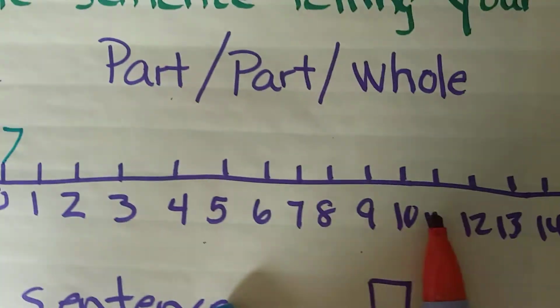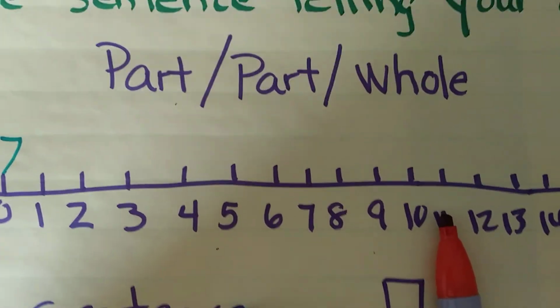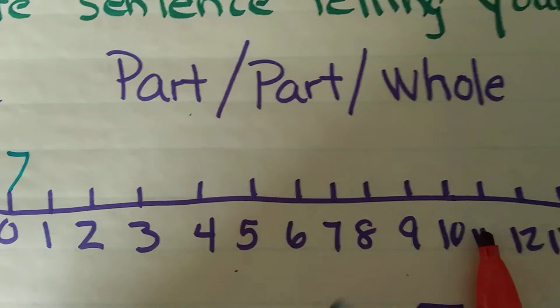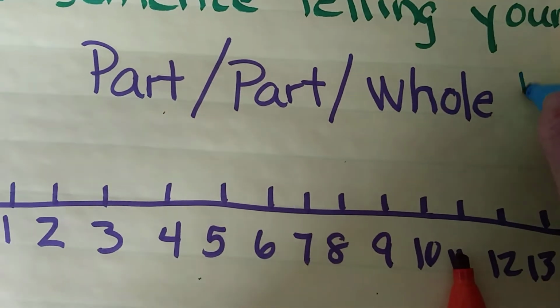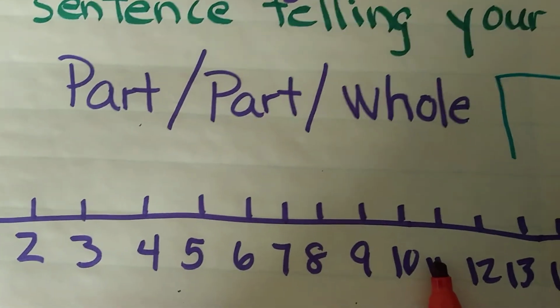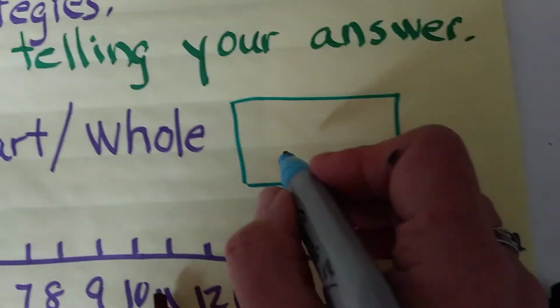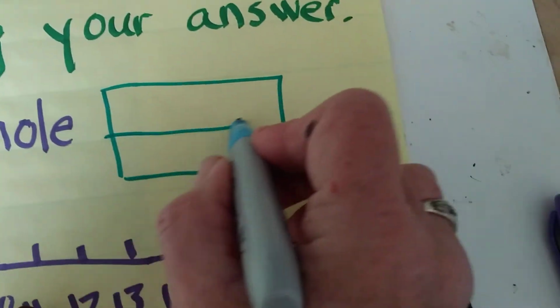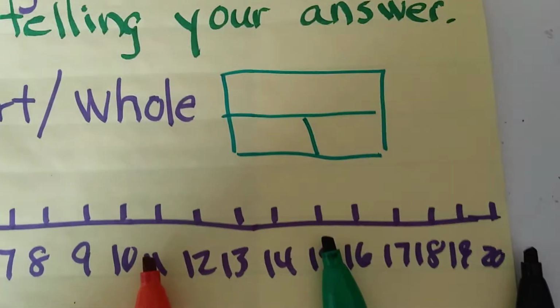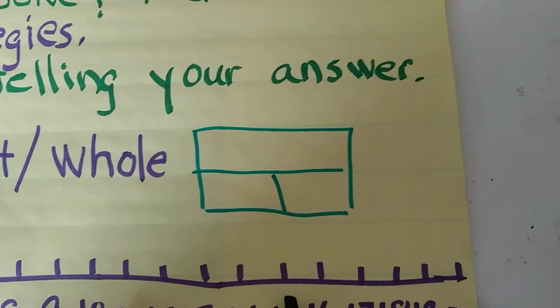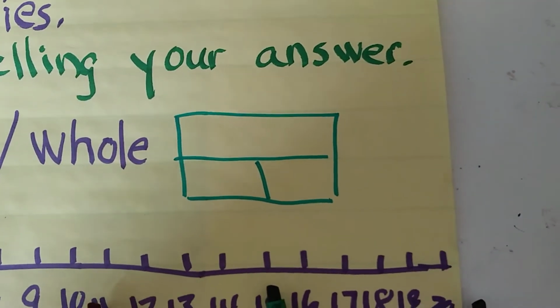Let's check over here. We're going to do a part whole. Y'all know what that is. Go ahead and draw your rectangle. We've done this many times before. But now our parts are a little different. We know we have 11 toys.